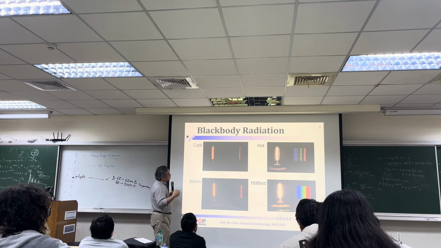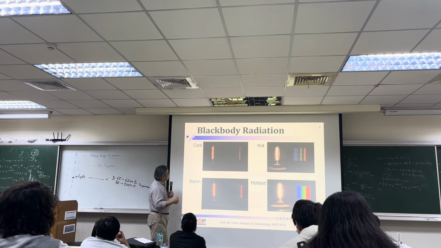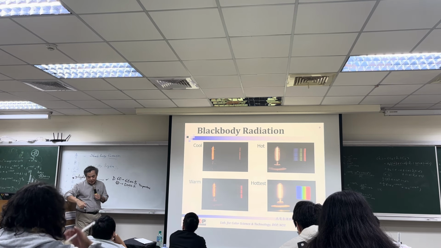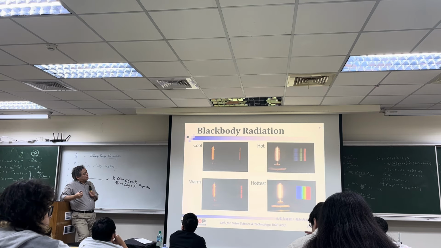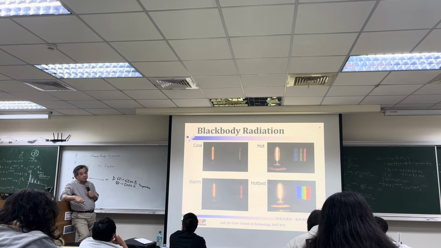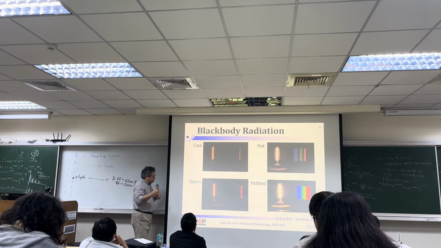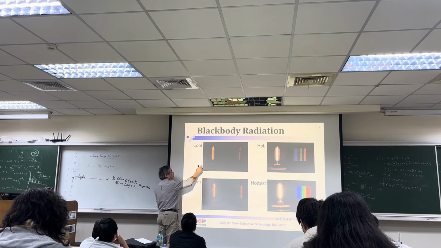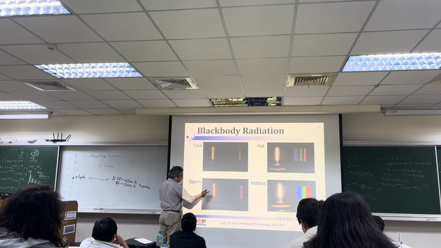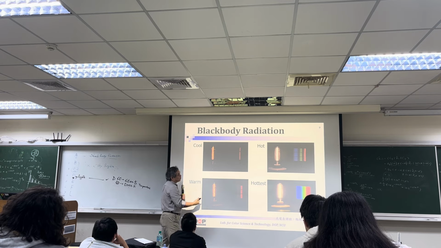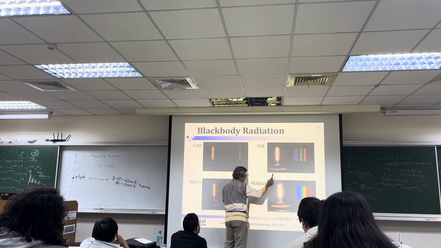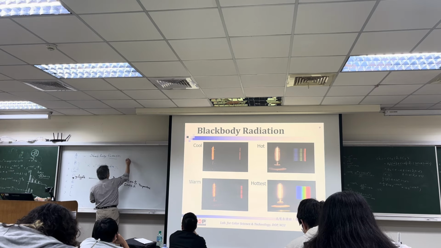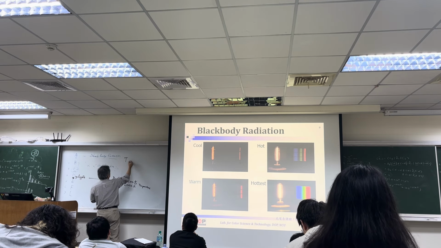When the temperature is still low, you start to see the iron bar emit light, reddish in color. Then as the temperature increases more, the light turns from red into orange, yellow, then white, then bluish.